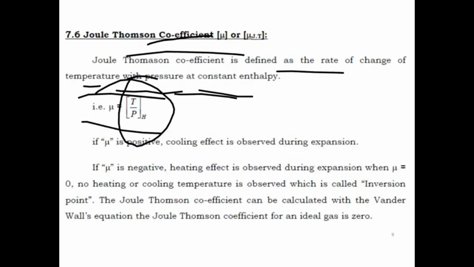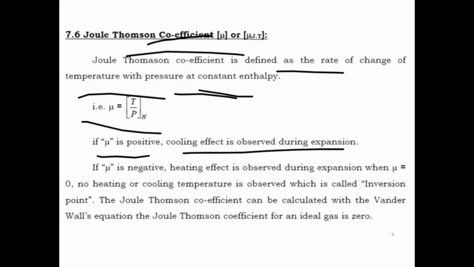If mu is positive, the cooling effect is observed during the expansion. That means the coefficient is positive, and on expansion of gas, that is, when converting from gas to liquid, we can see the cooling effect. If mu is negative, the heating effect is observed during the expansion.